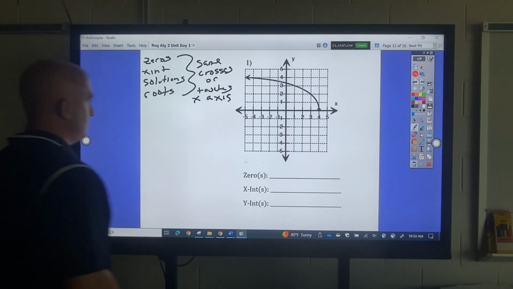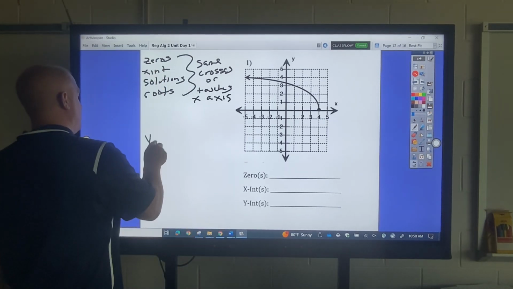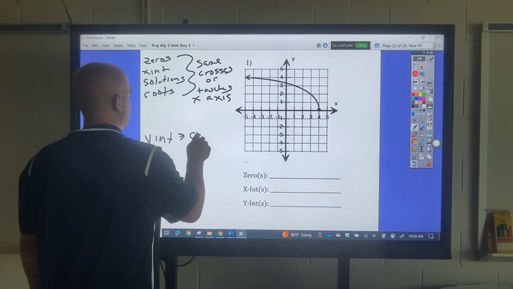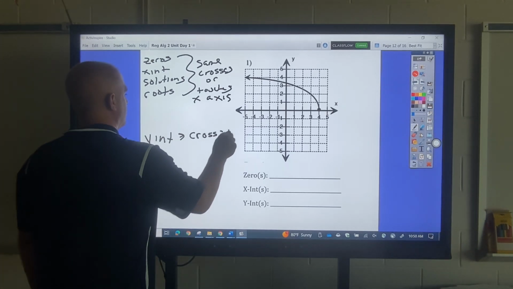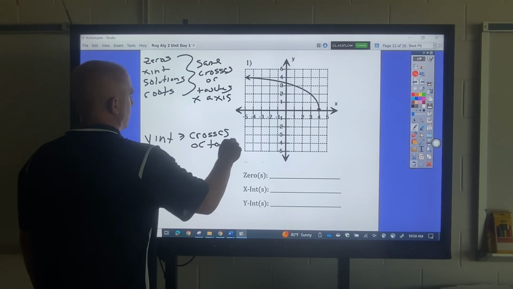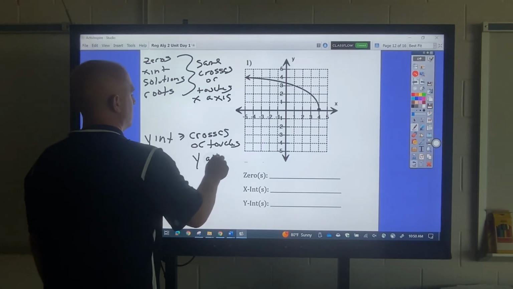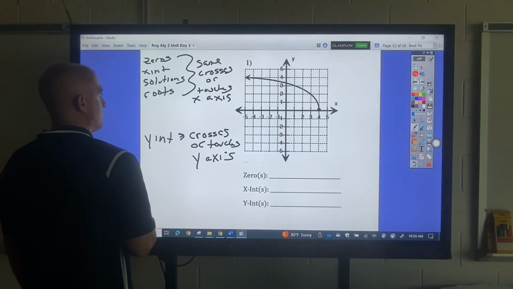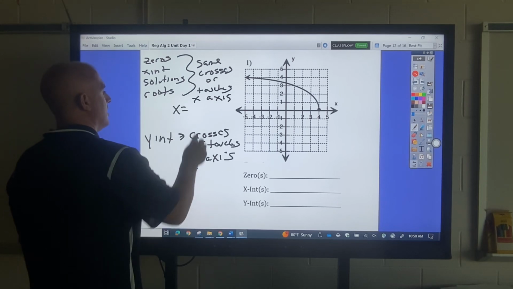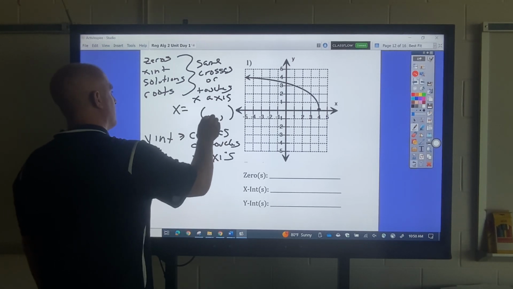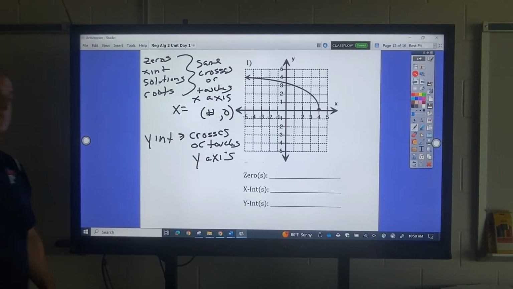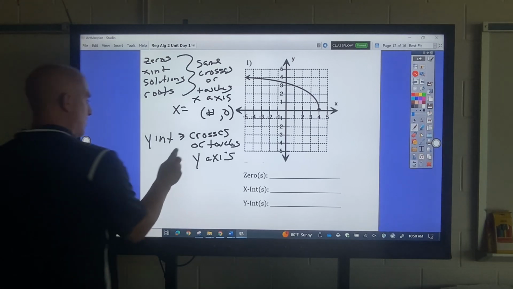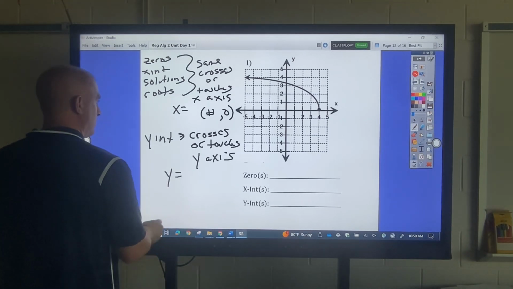So y-intercept is where it crosses or touches the y-axis. You can write these as x equals. These will also always have a number with 0. Okay, that is a coordinate. Y-intercept, you write as y equals, right?